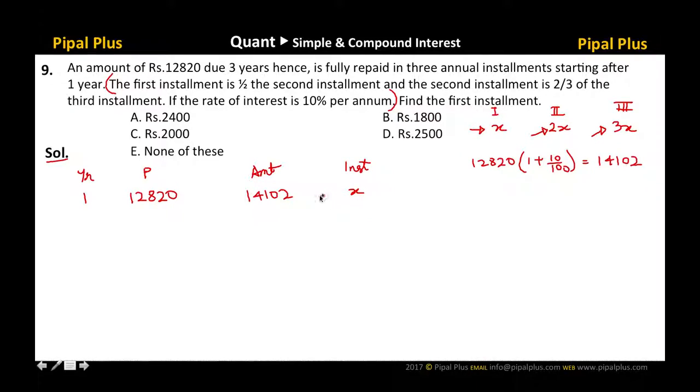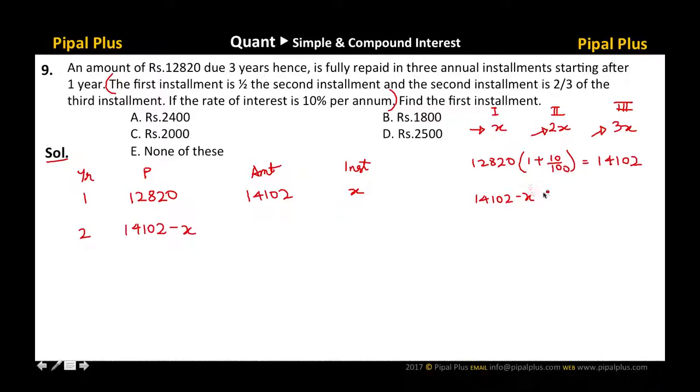Now we've assumed that the first installment is rupees X. If the amount paid is X, then for the second year the principal becomes the amount due at the end of the first year, 14102, minus this installment which has been paid. The amount due at the end of the second year is going to be 14102 minus X into 1 plus 10 by 100, which is 11 by 10.